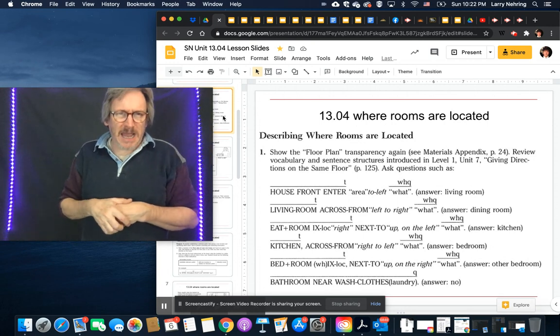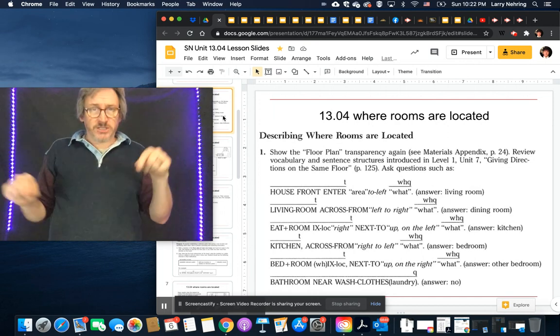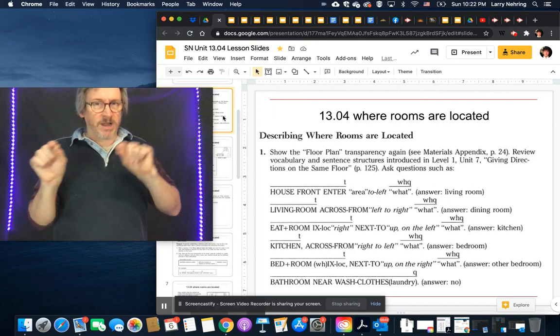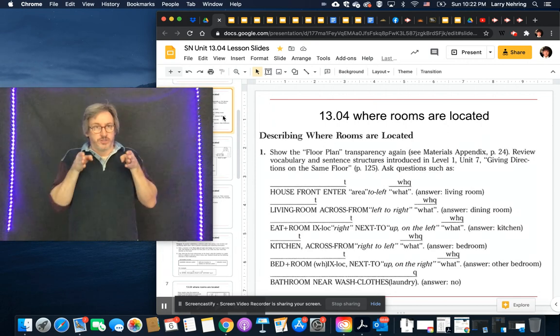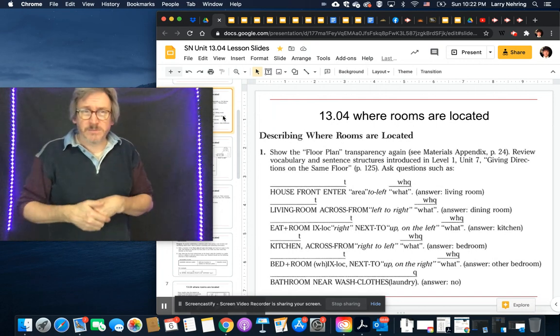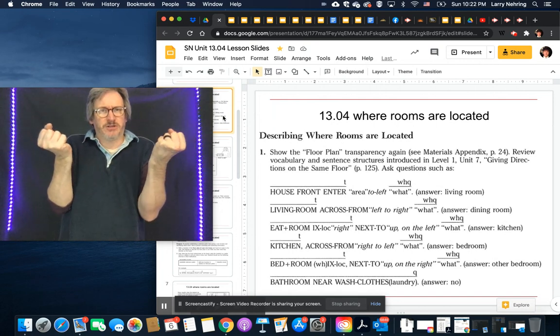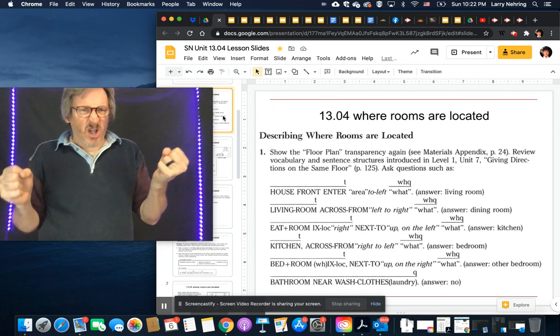This gives an explanation. If we have the floor plan up, you can see what they're referring to. It gets a little confusing thinking right to left. Just try to sign it. It makes a lot of sense when you actually try to sign these. It takes a little getting used to, signing the gloss.